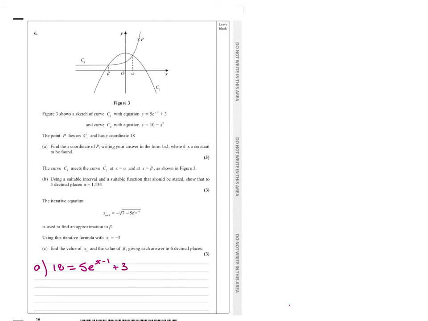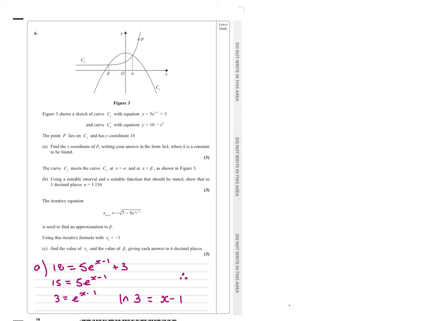If I take away 3 from both sides, I get 15 equals 5e to the x minus 1. Divide both sides by 5. 3 equals e to the power of x minus 1. And then I'm going to ln both sides. So I'm going to get ln of 3 equals x minus 1.